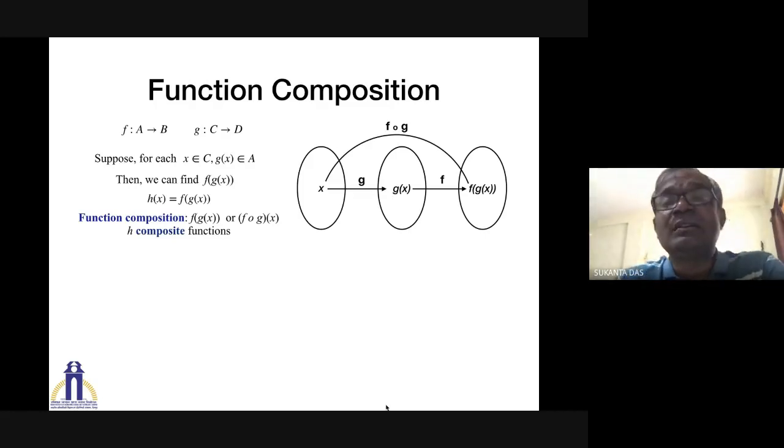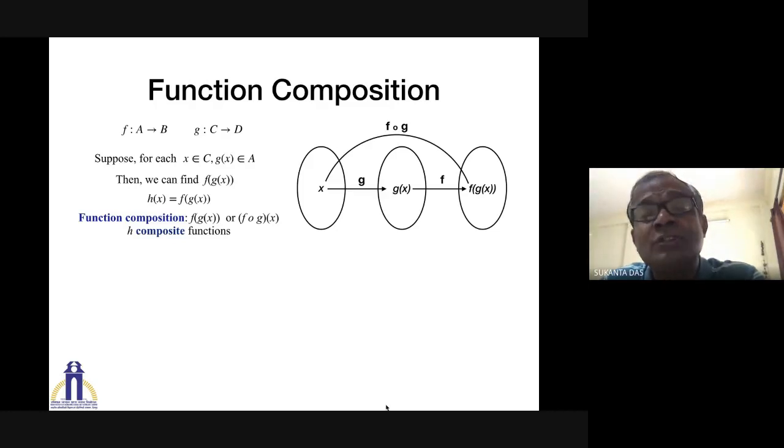Take an example. Pictorially I can show you what I've said. From the left diagram, the middle one, and the right one, there are three circles. g is defined from C to D. The first circle represents a set C, and the next ones are D and A. So after applying g on an element of C, I get g(x).